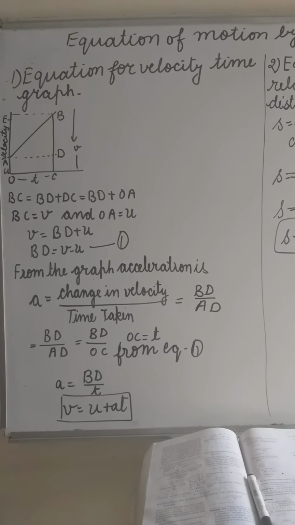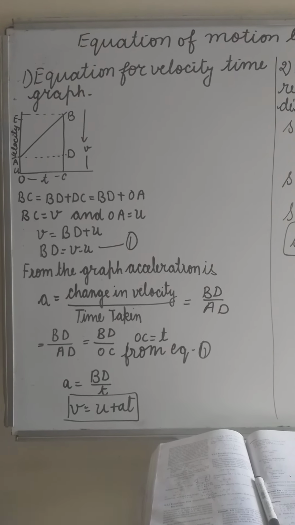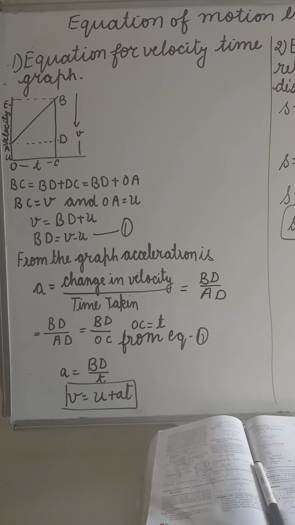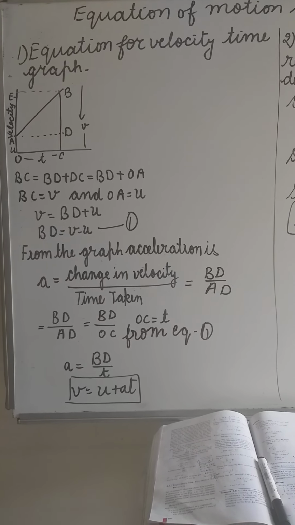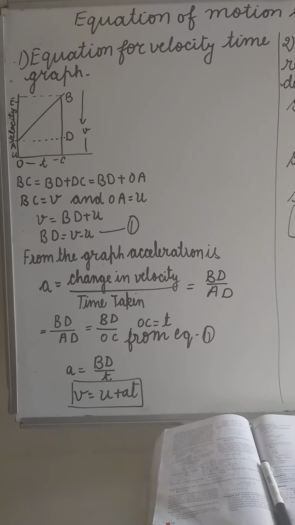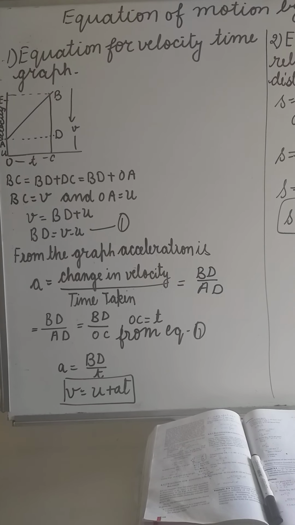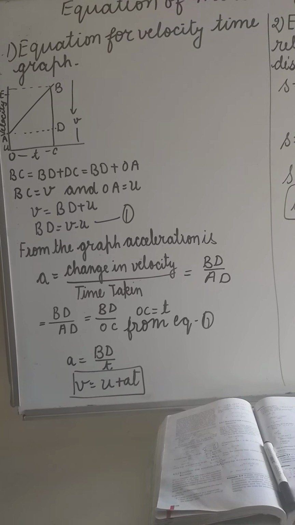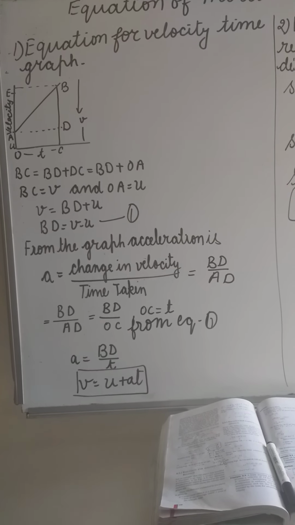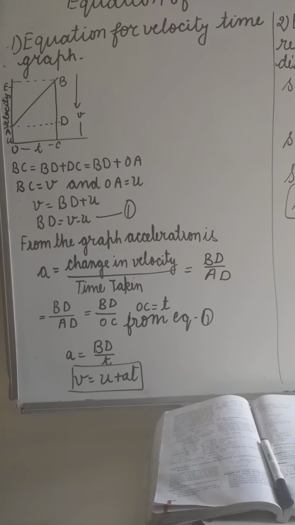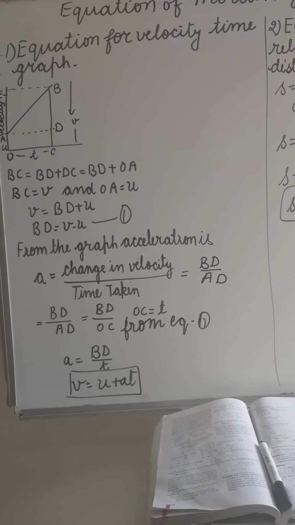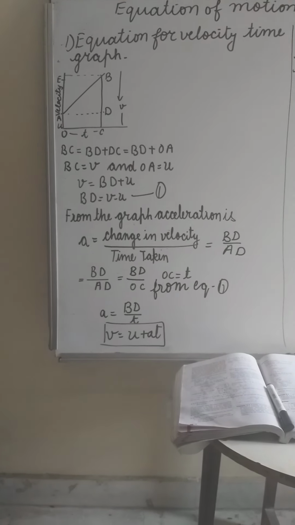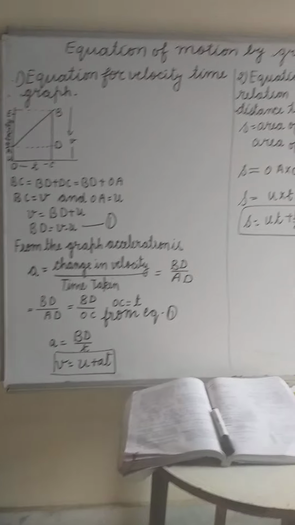You know, change in velocity upon time taken. In the graph the change in velocity is BD and the time taken is AD. Instead of AD we can write OC. So BD upon OC, and OC is T, so BD upon T. In the first equation I have written BD is equal to V minus U. So I will write V minus U instead of BD. So what will come? V is equal to U plus AT.